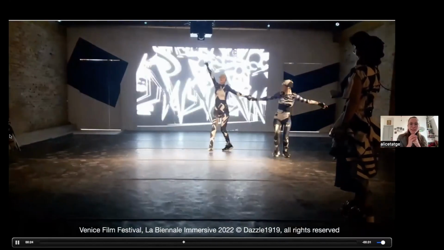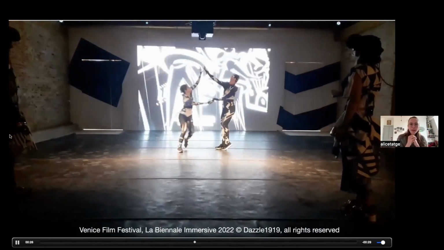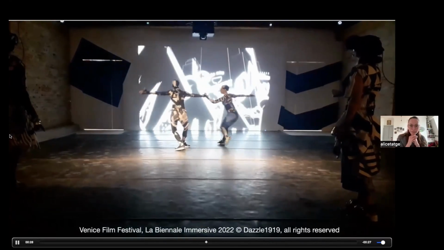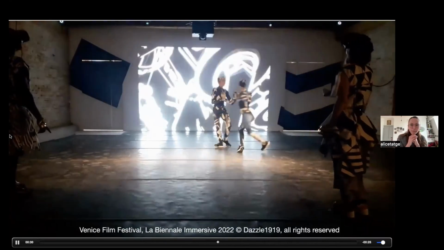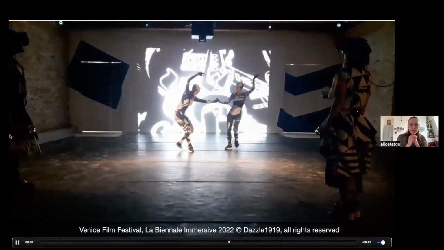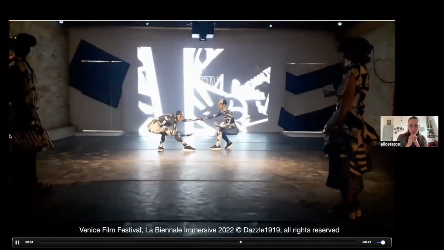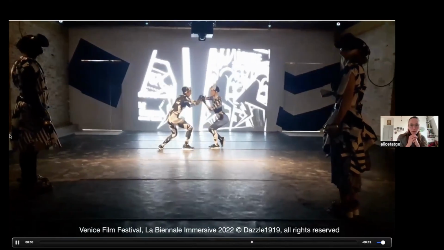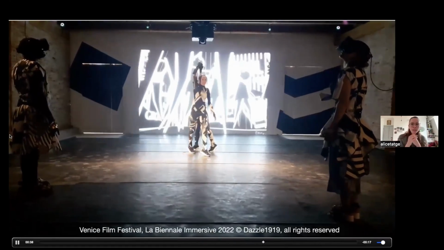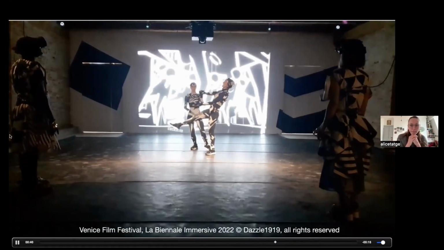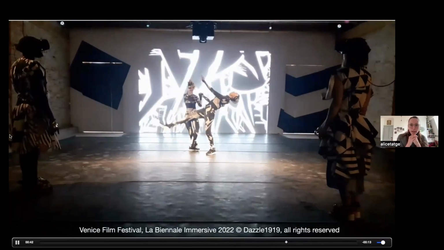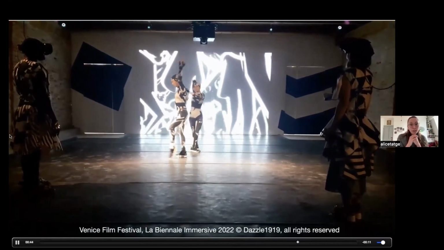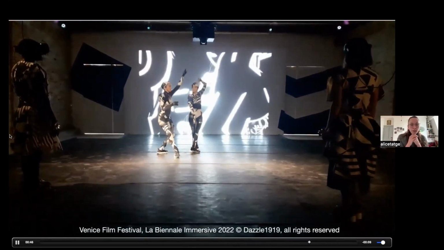You can see that my partner and I, our movements are being recorded and then projected on the back for the live audience that is sitting, but also there are the two audience members in the VR headset. And what you're seeing in the back is part of what they are experiencing in the VR headset.